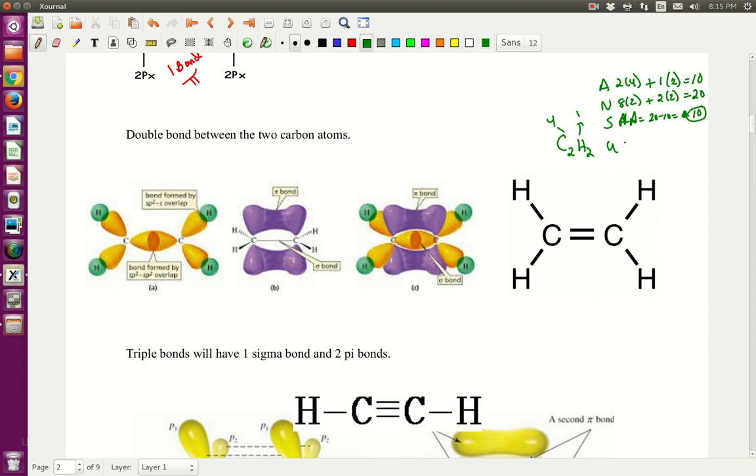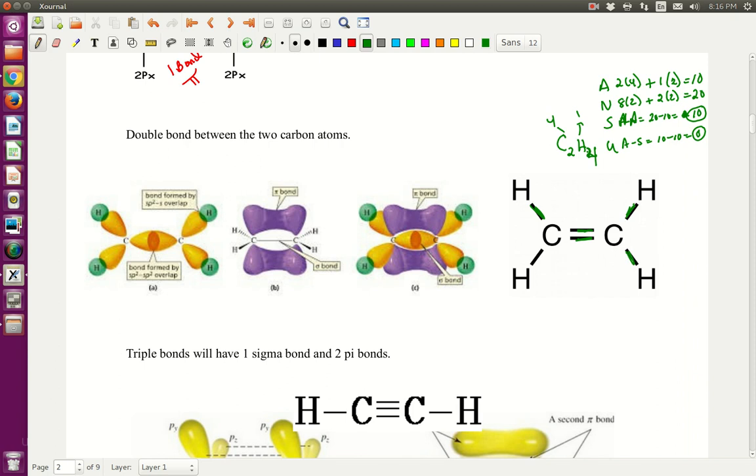And unshared is available minus shared, so that's 10 minus 10. None of them are unshared. Since they're all shared, we should have 10 electrons being shared. That's 5 lines. So, 1, 2, 3, 4, 5. Oh, look at that. I wrote 2 and there's H's. It's 4.